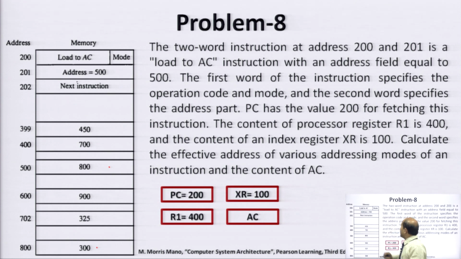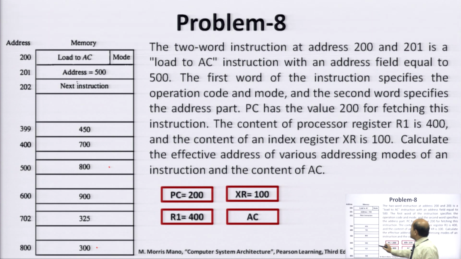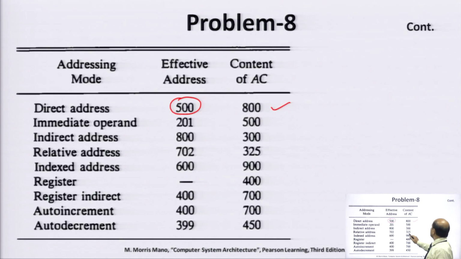Here the address part is 500, and when this instruction is executed the content of PC will be 202. So, 202 plus 500 is 702, and the content at 702 is 325, which is transferred to the accumulator. This way we can calculate various addressing modes. So, these are the problems of unit 1. Thank you.